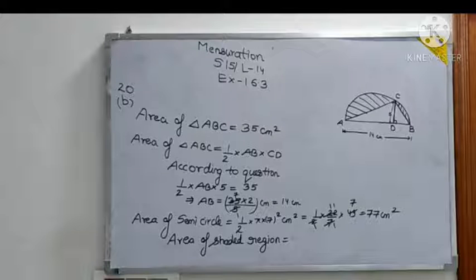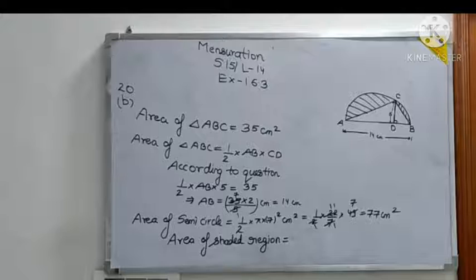And see children, I feel that sometimes children get confused in putting the area, because sometimes they want to use pi r square, sometimes half of pi r square, sometimes pi by 4 d square. So all these things come up. Pi by 4 d square is also the area of a circle only. Because a semicircle is involved here, you need to know about this.